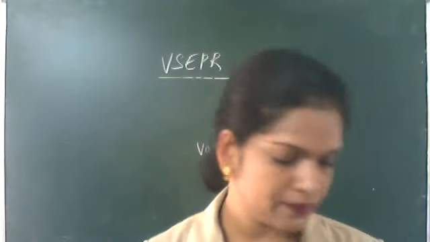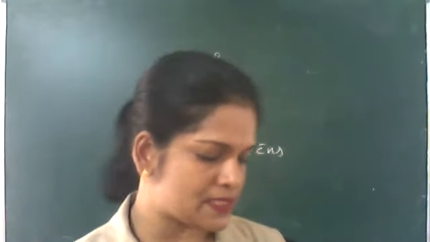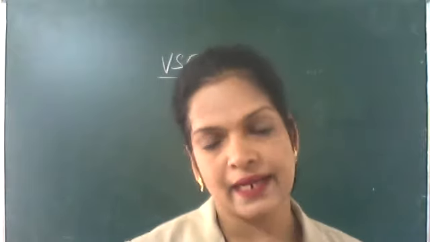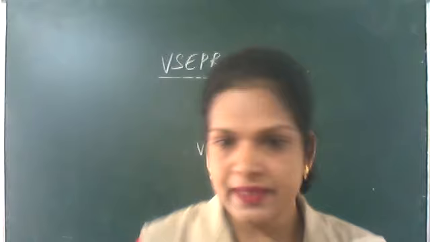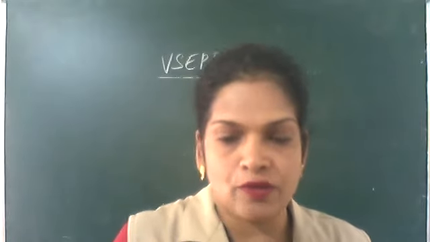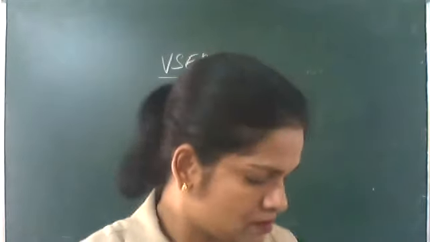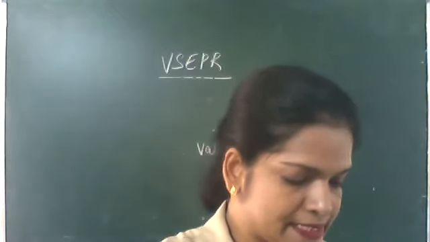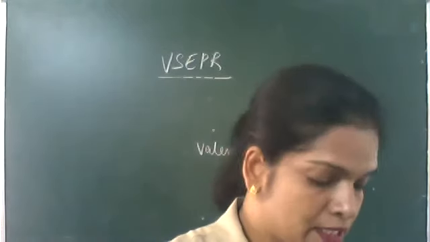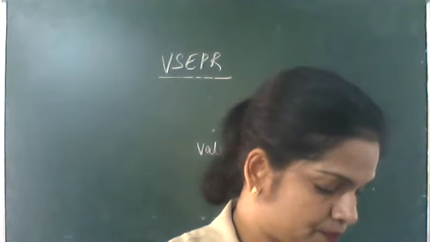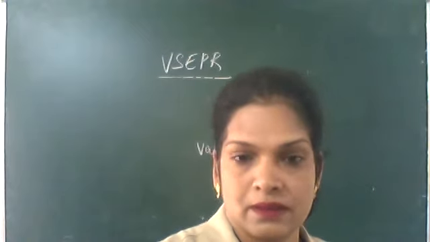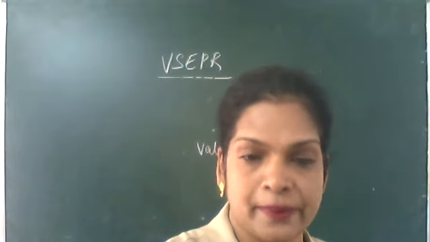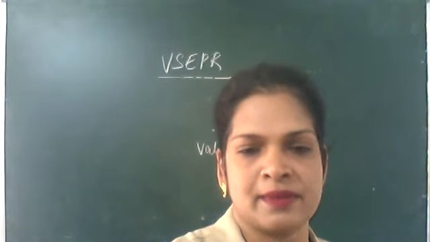Number 2, electron pairs surrounding the central atom repel each other. Means they stay far away from each other, far apart, to have minimum repulsion and maximum stability.